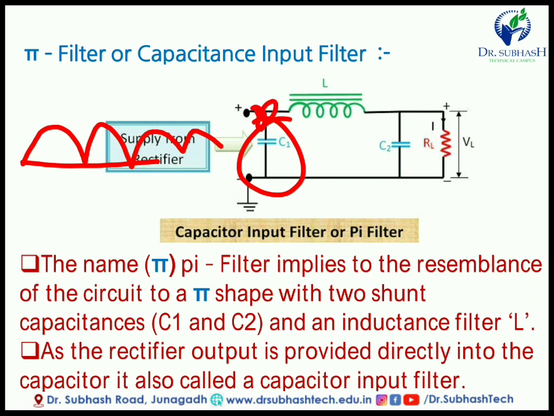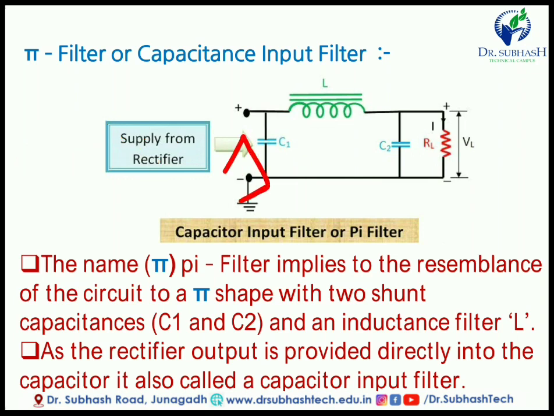The first filtering process is done in capacitor 1, then the second filtering process is done by the inductor, and the third filtering process is done in the last capacitor. So we can say that the filtering process occurs three times using the pi filter.